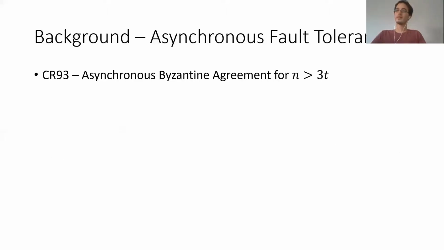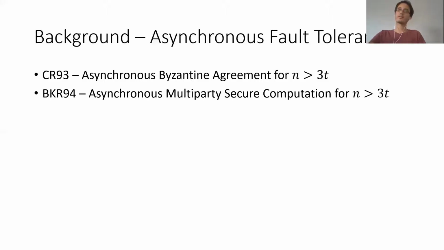So in 1993, Ran Canetti and Tal Rabin showed that there exists an asynchronous Byzantine agreement protocol for n greater than 3t. And a year later, in 1994, Michael Ben-Or, Boaz Kelmer, and Tal Rabin showed that there exists an asynchronous multi-party secure computation protocol for n greater than 3t.